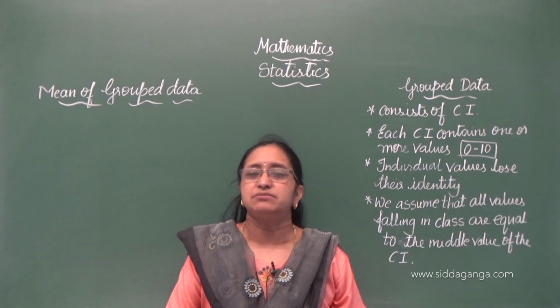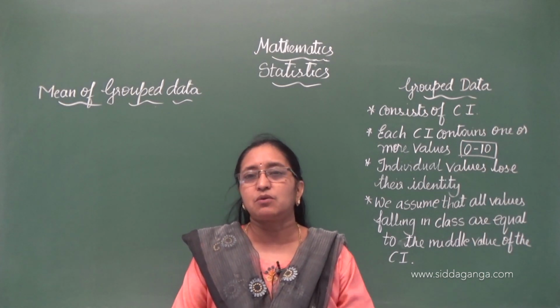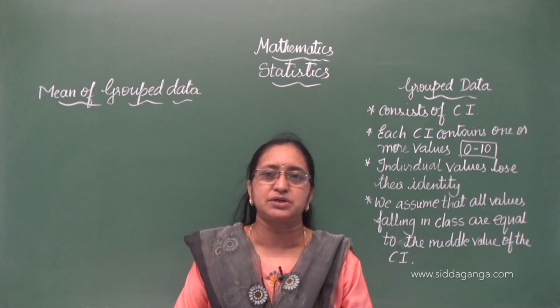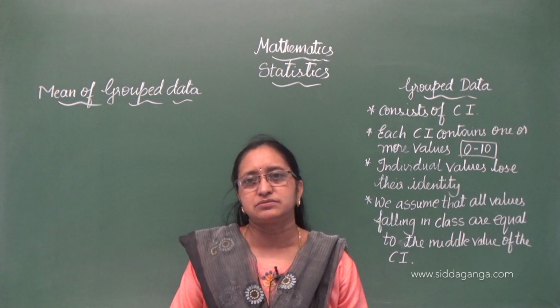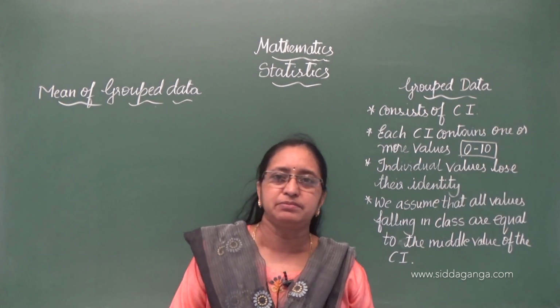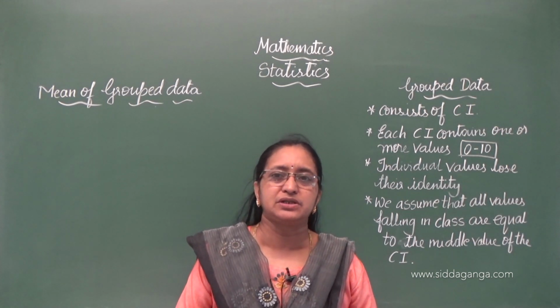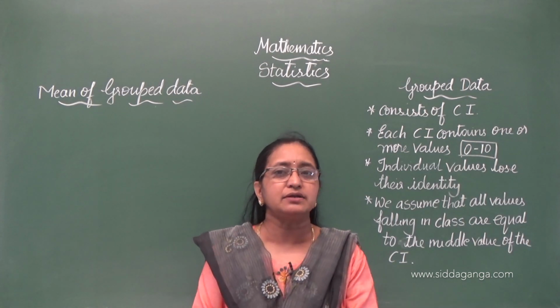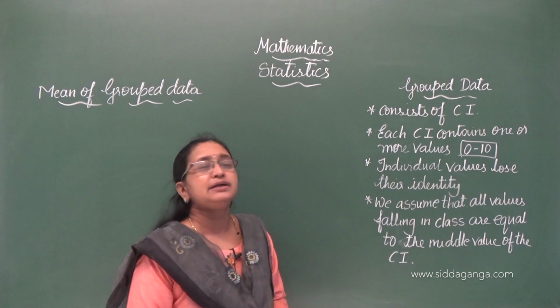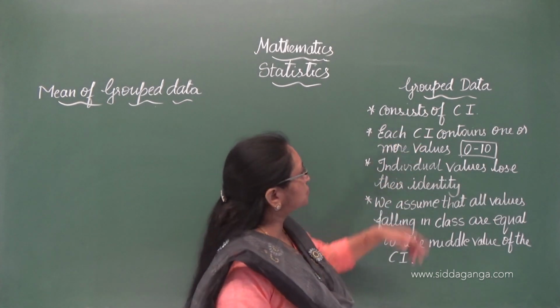I gave you some examples also of what ungrouped data and grouped data are. Raw data we can directly call ungrouped data. Suppose these data are arranged in a proper group, then we call it grouped data. So it will consist of class intervals.